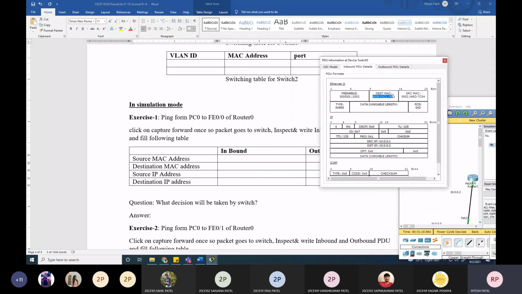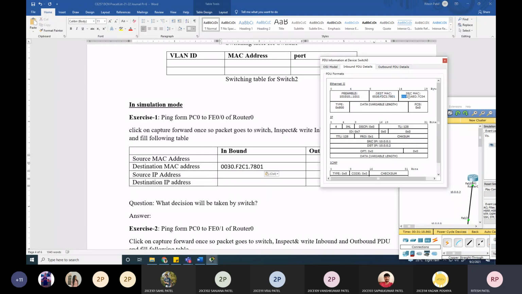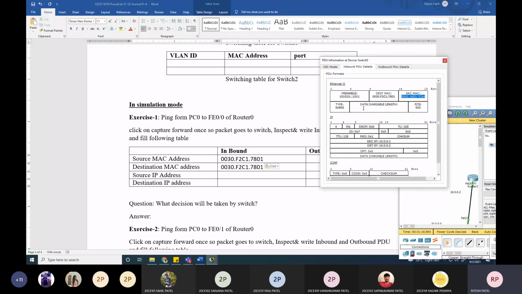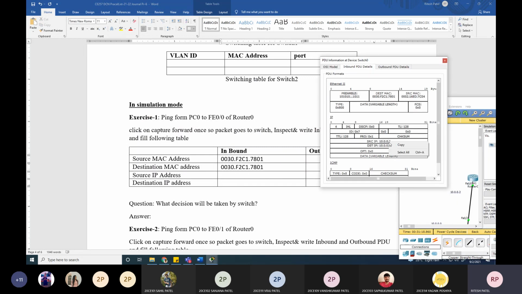You have to write the destination MAC, copy, paste, source MAC, copy, paste, and then source IP, copy, paste. Sorry, we have to click on the copy. No direct copy paste is allowed.